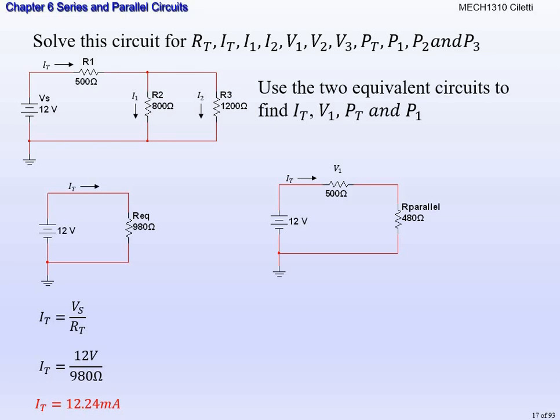We're going to use that total current later if we can use a current divider to find the parallel branches. All right, but next, now that total current is going to help us in the second circuit over there as well to find V1.